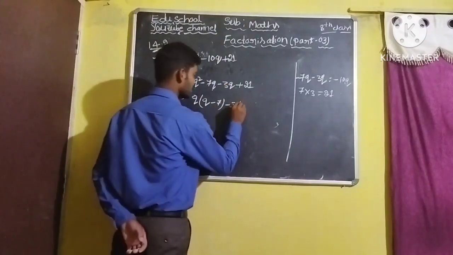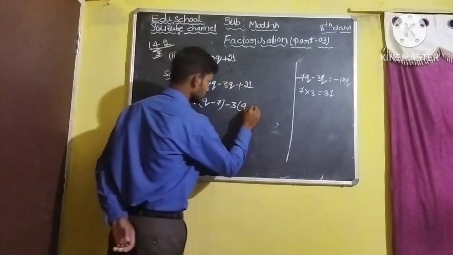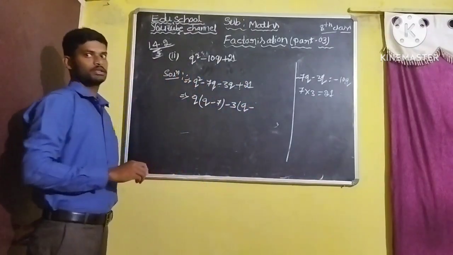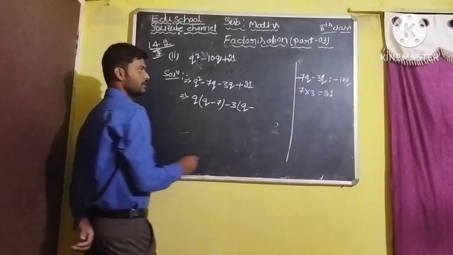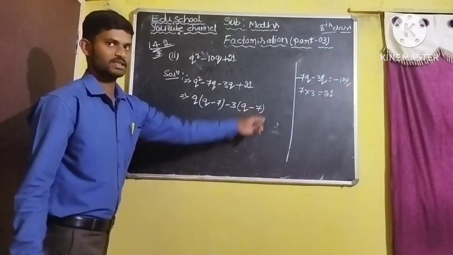So remaining is q, minus into plus is minus only. So 3 7s are 21. Instead of 21 I can write 7.